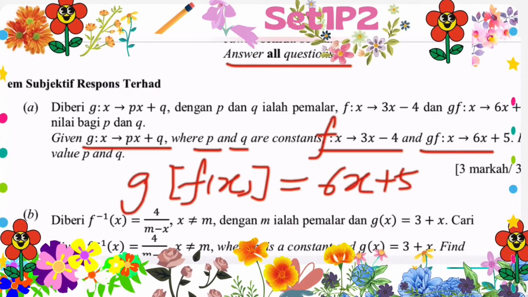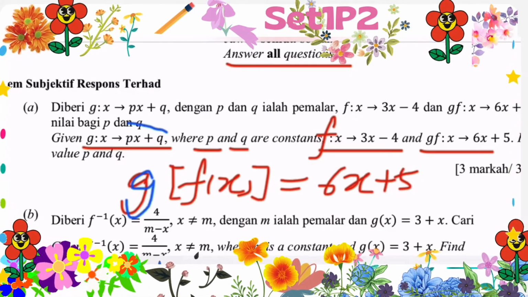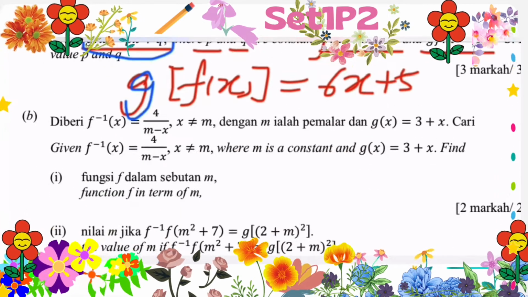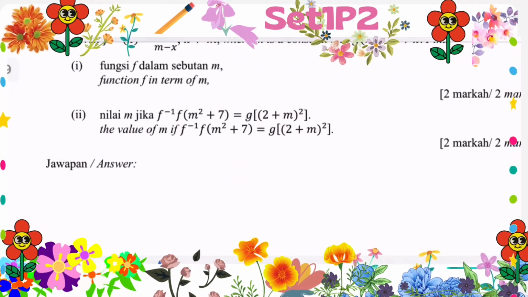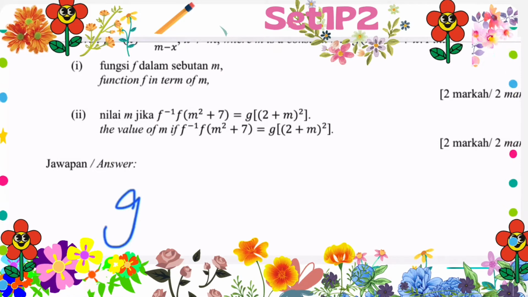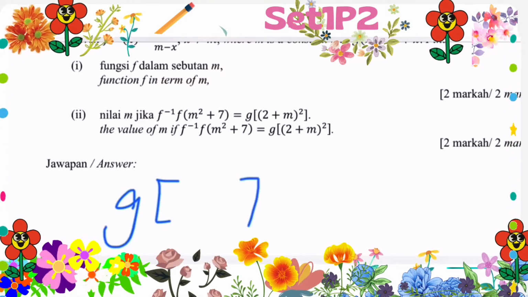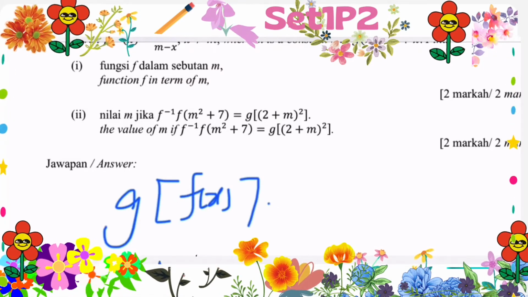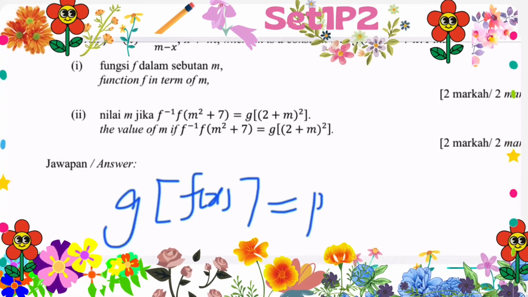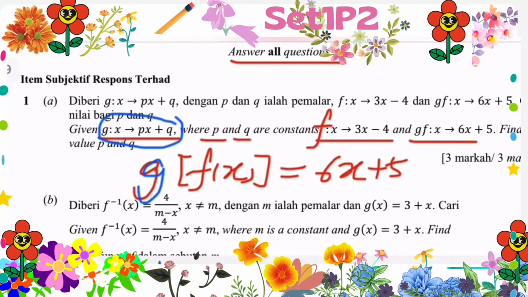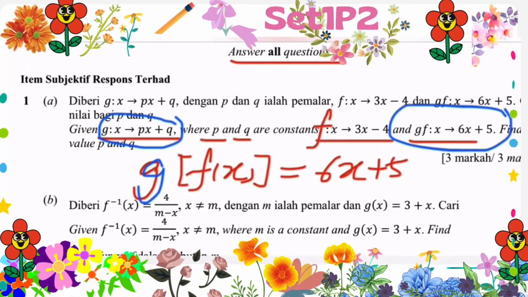If the function is g, we copy down the g. So I'm going to show you how to answer. You just copy gf(x) here. This gf(x) was given, so this is the answer in fact.